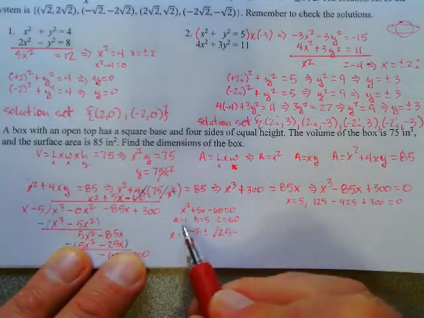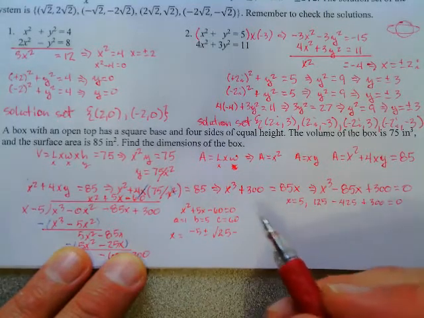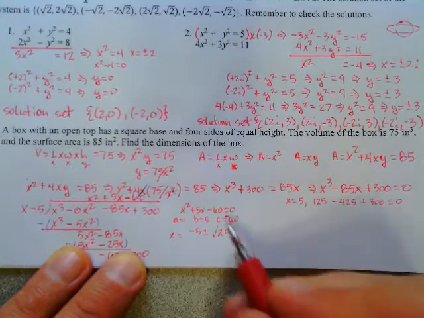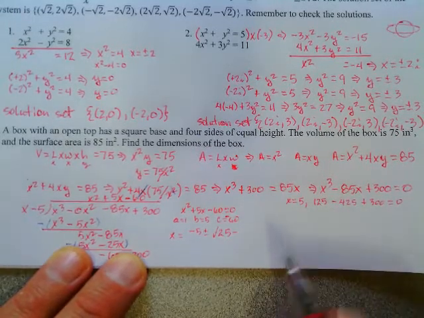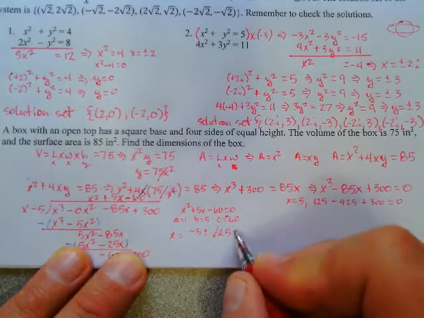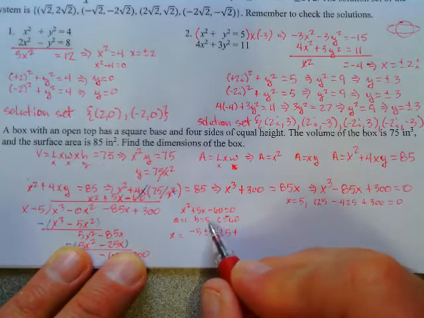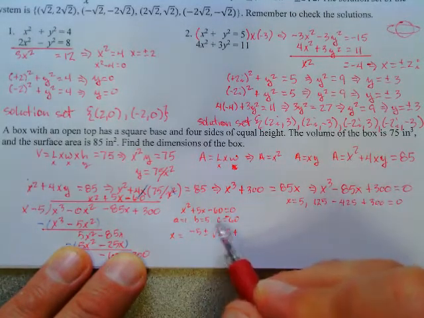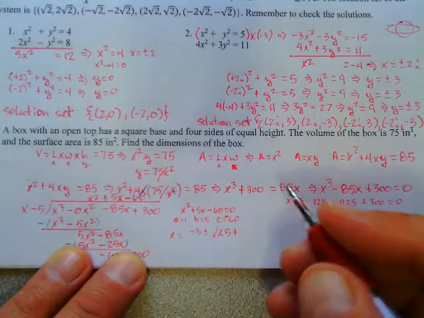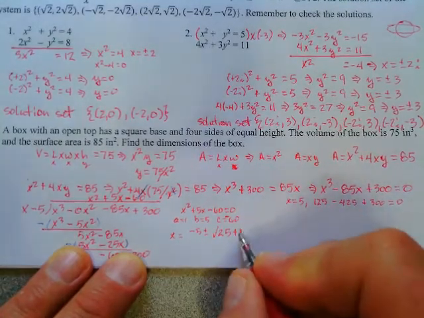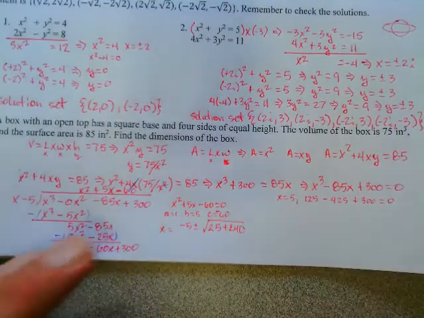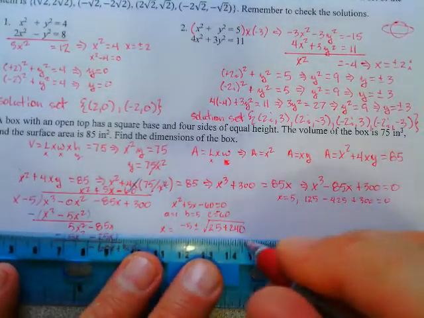So 4 times 1 times 60. Actually, that's a negative 60, so got to keep that sign straight. So that's going to add up to actually a plus. 4 times 1 times 60, so that's 240. And then that'll all be over 2.